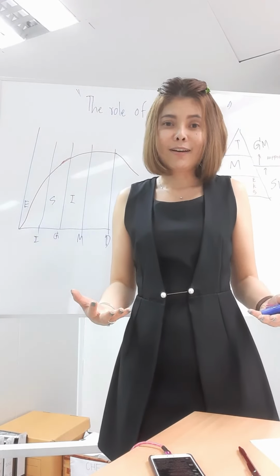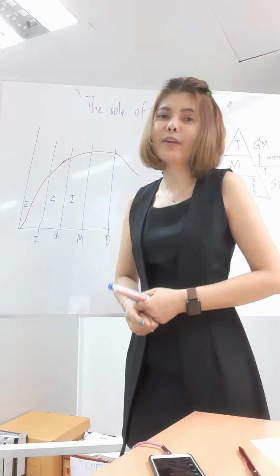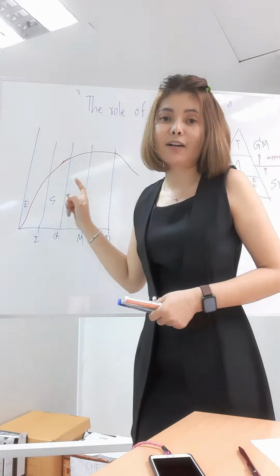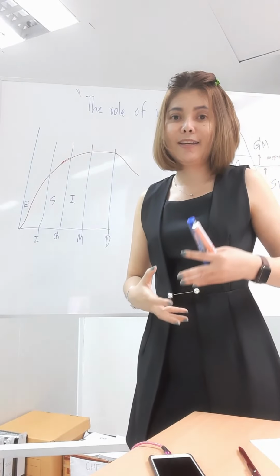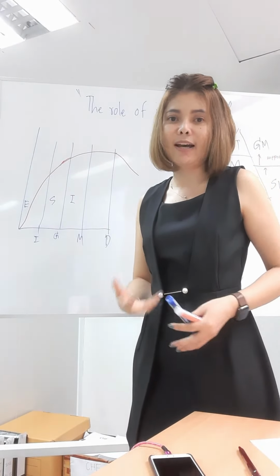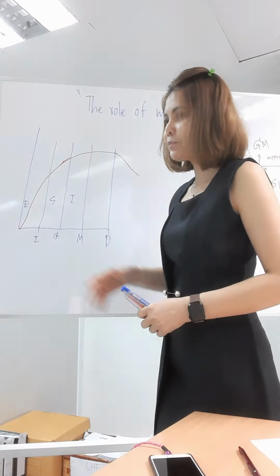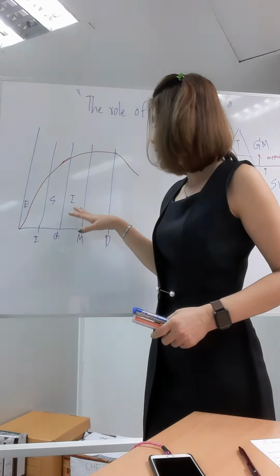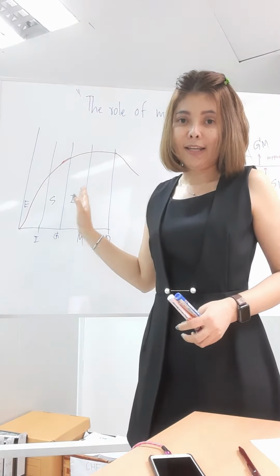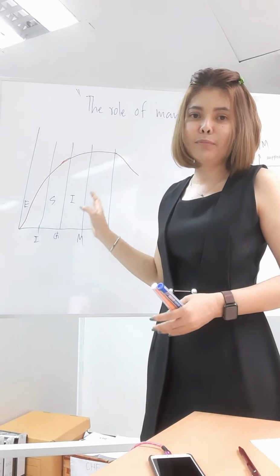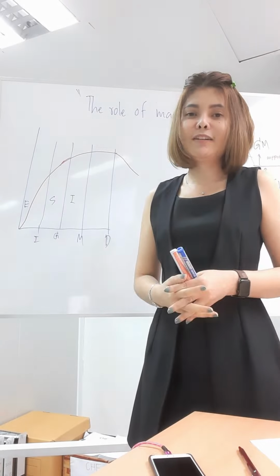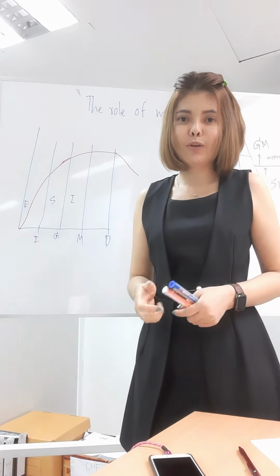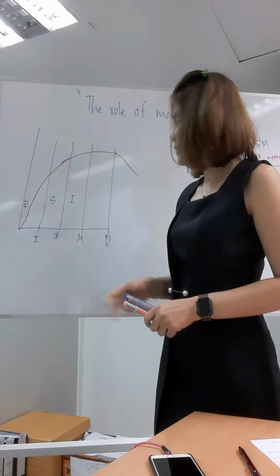What is the environment change? For example, we have a lot of competitors, right? Maybe they sell at a price lower than ours, so we have to innovate our product. We even have to innovate our internal control, something like that.